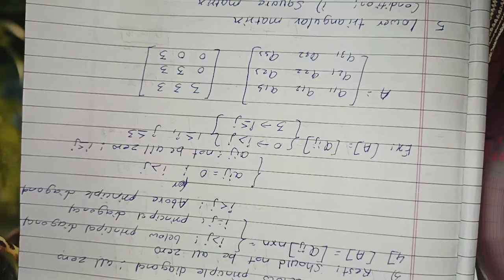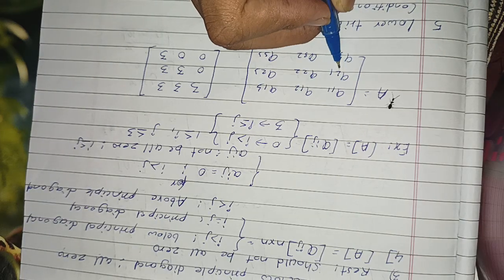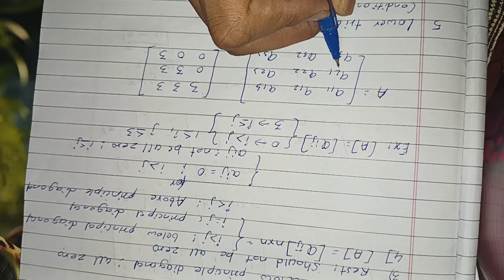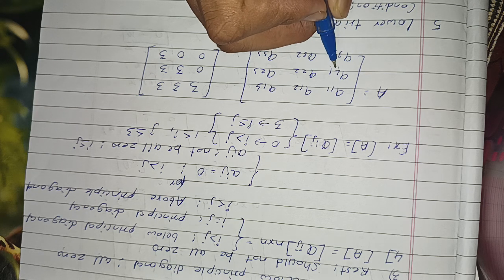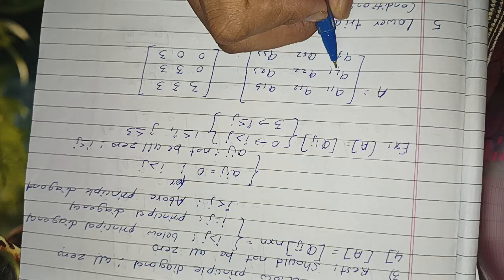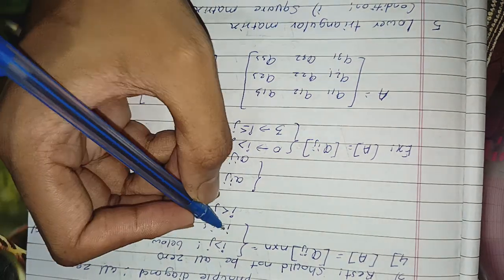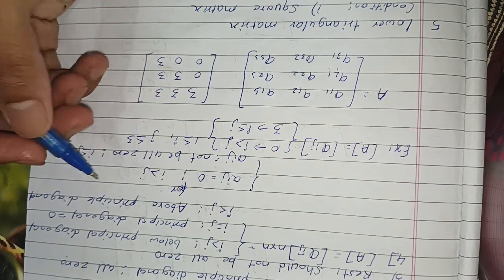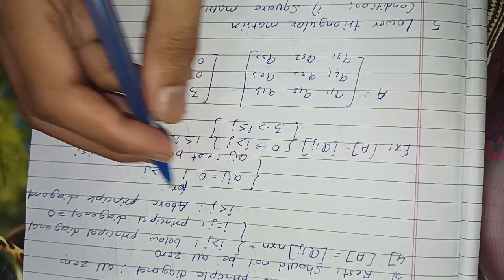So see here, i is greater than j. So this value should be 0. If i is less than j, it could be any value.